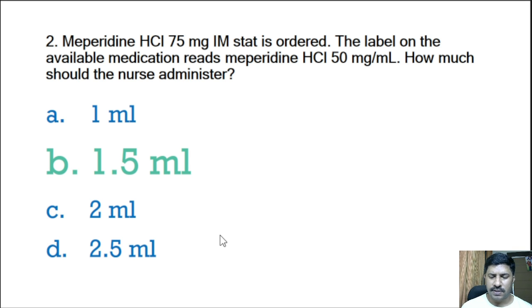So we will go to the solutions. Here the desired dose is 75 milligram. But the meperidine available dose is 50 milligram per ml. Each ml contains 50 milligram.